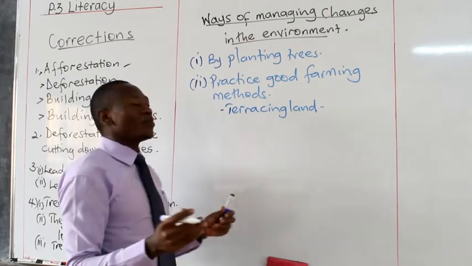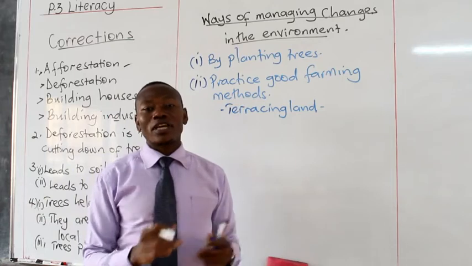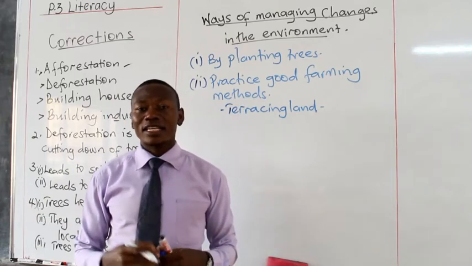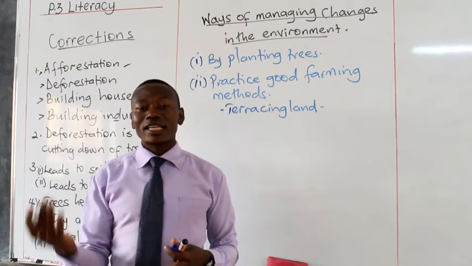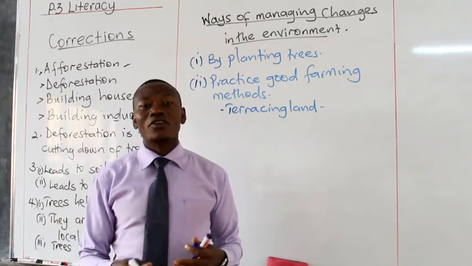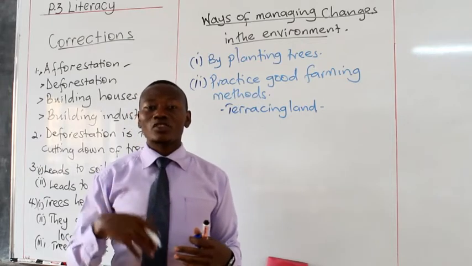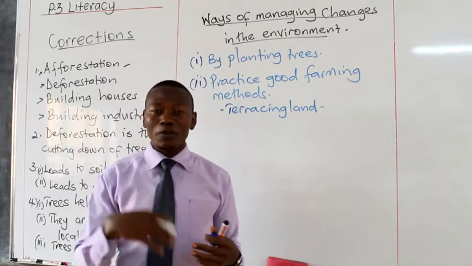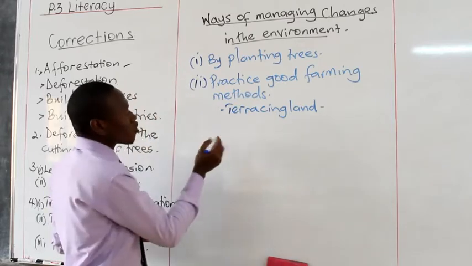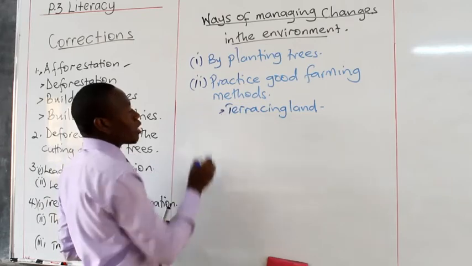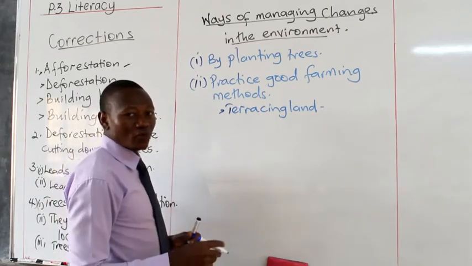Terracing means digging holes across a hilly area such that the rate at which water runs down the hill is reduced. It keeps on filling and overflowing to other holes. So this helps to control the rate of running water, which can lead to soil erosion, landslides.